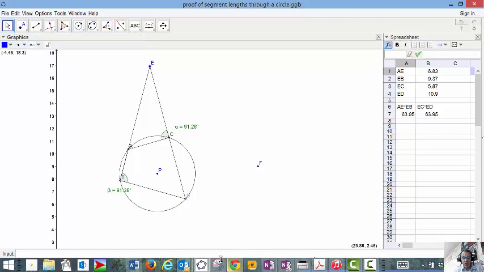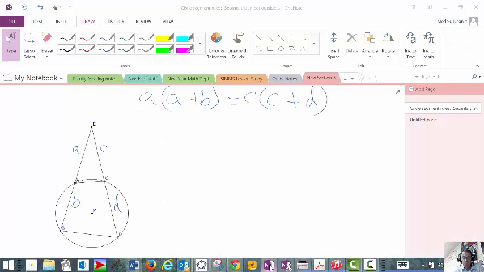Okay, so now we'll go back to my little chalkboard, and we're going to write that proportion that we know must be true based on the fact that the smaller triangle is similar to the larger triangle. The triangle ECA is similar to triangle EBD.